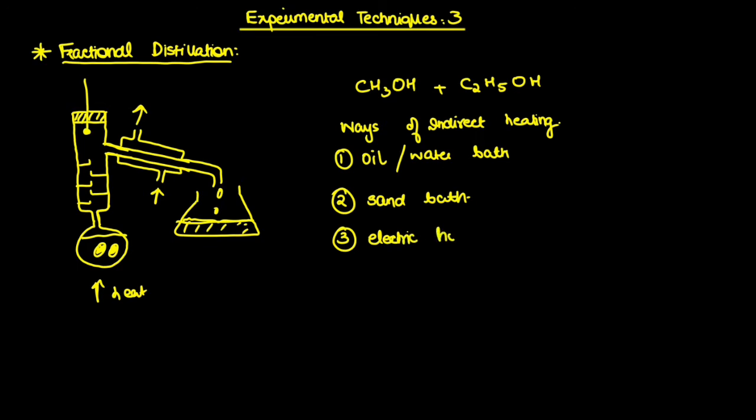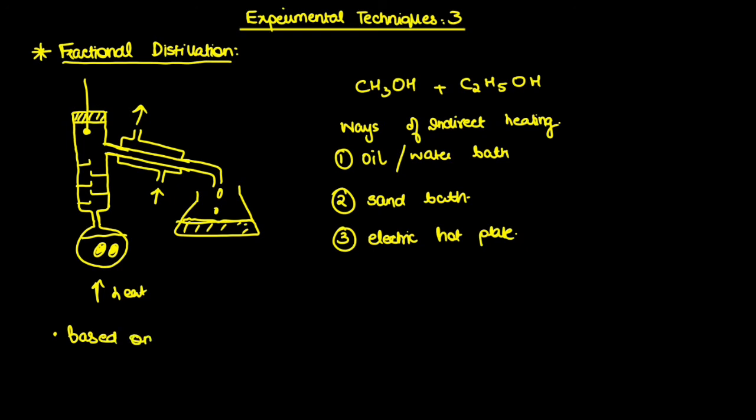Electric hot plate. Alright. Very important. Very important. Alright. Now if you're asked why is an oil bath used, you'll just say that organic compounds are flammable. Okay. Now this method is based on difference in boiling points.